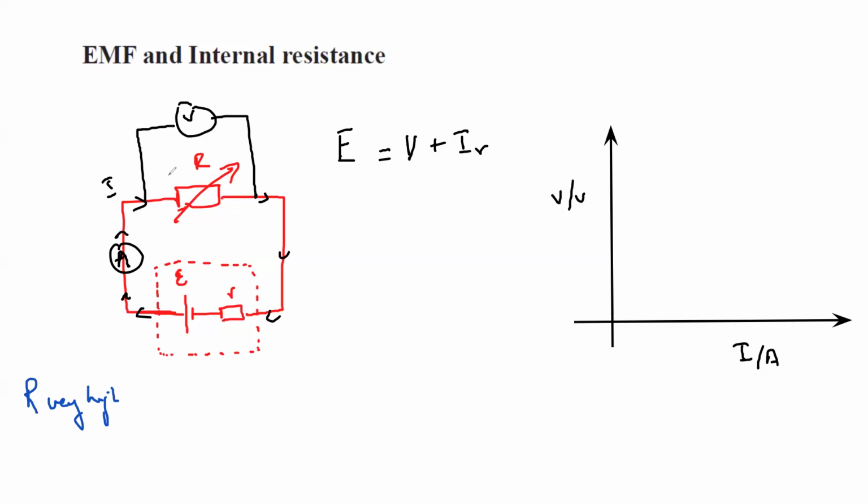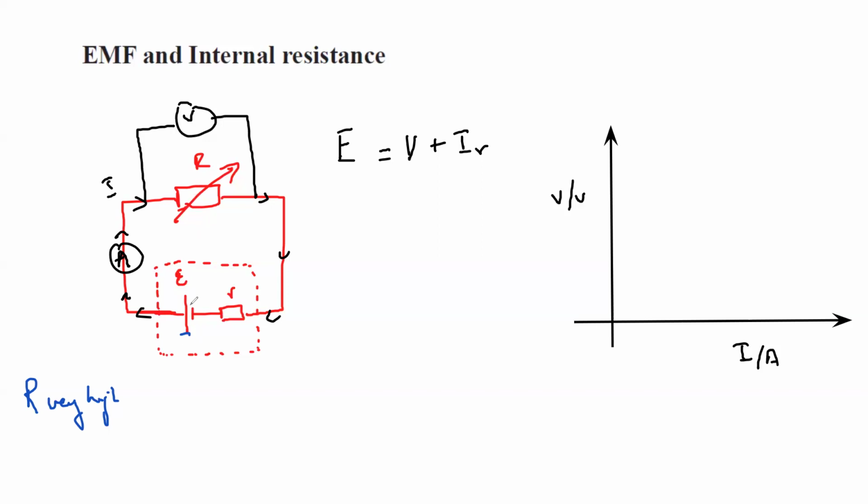For example, if you are holding a cell in your hand, do you feel any electric shock? You're holding a normal dry cell in your hand. Do you feel a shock? No. Why don't you feel any shock, or why does no current pass through? Because your body has a very high resistance compared to the cell. Same idea: the cell has a very low voltage and this has a very high resistance.